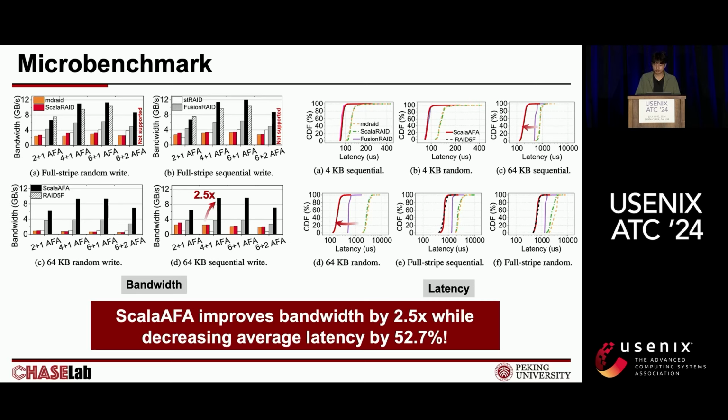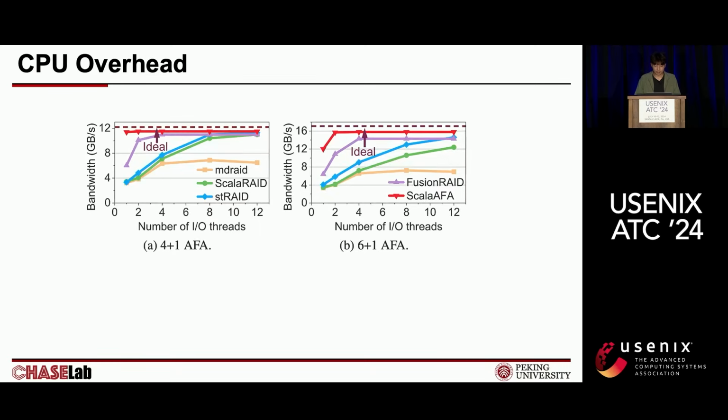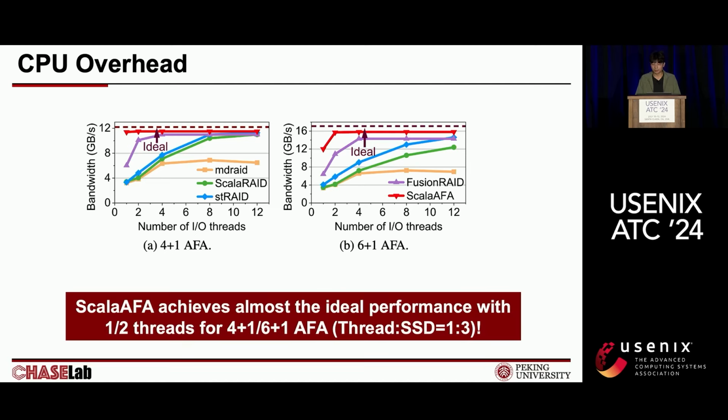This is because ScalaAFA not only benefits from the high-performance user space storage stack, but also mitigates performance degradation caused by conversion with SSD internal resources, I mean the XOR engine. Also, ScalaAFA can achieve almost the ideal performance with only one thread for 4+1 AFA, as shown in the red line in the left figure.